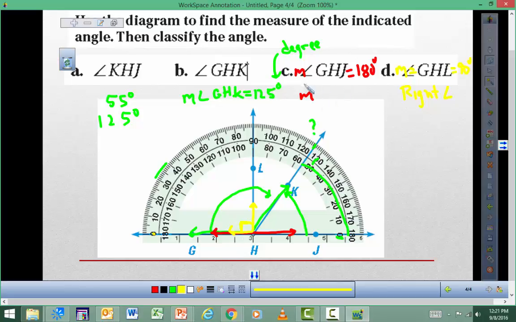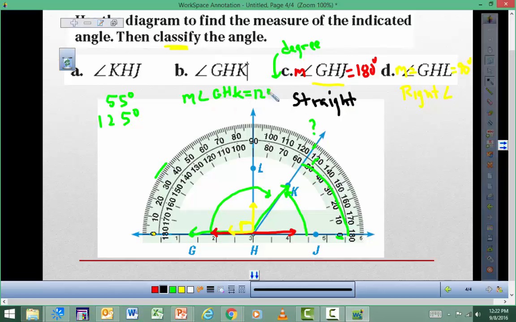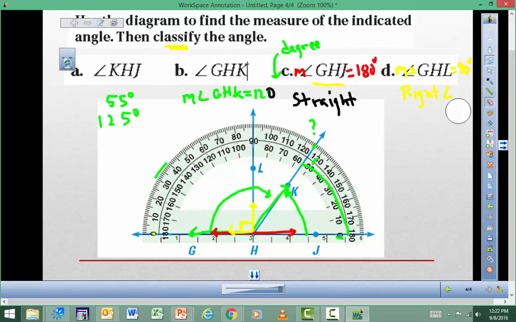Okay, so by the way, if this is 180 degrees, we need to classify these angles now. What kind of angle is this one? A straight angle. Good. Someone's paying attention. So we call that a straight angle. And this angle that's bigger than this was 125, wasn't it?